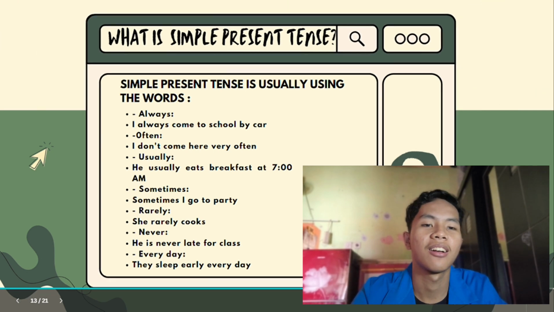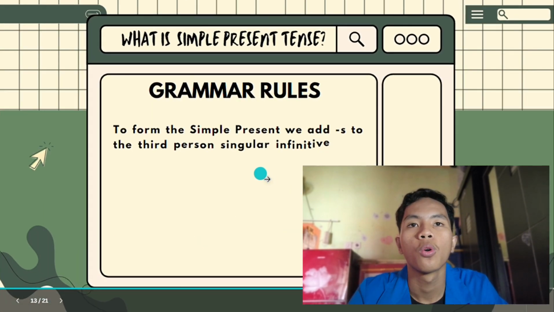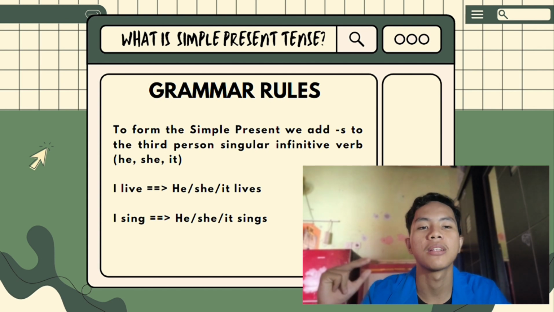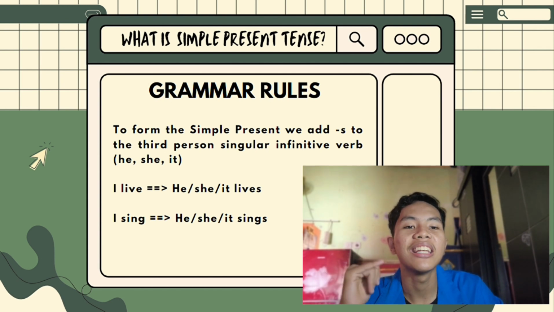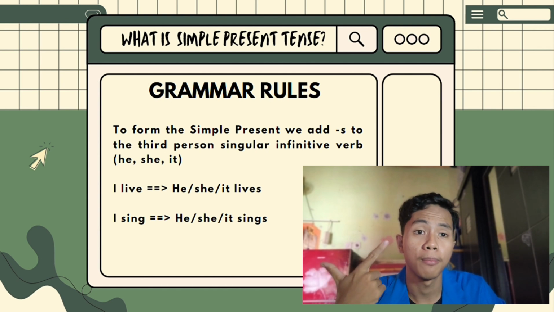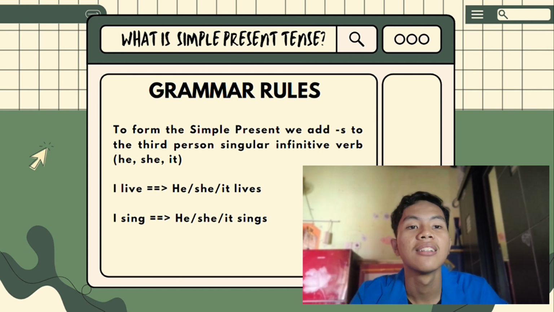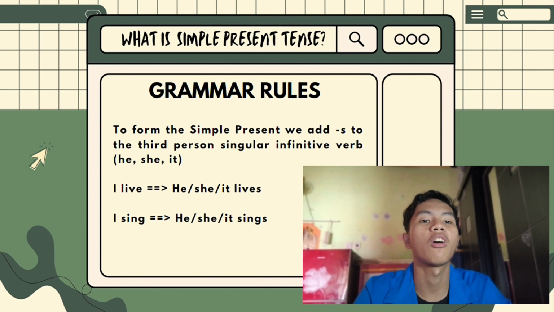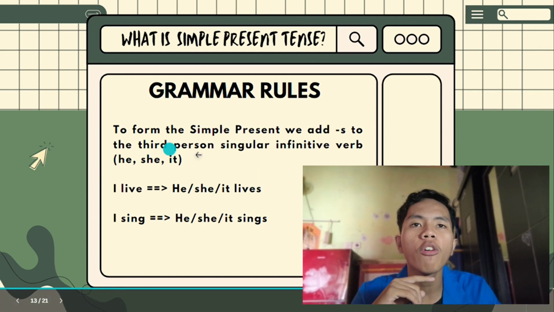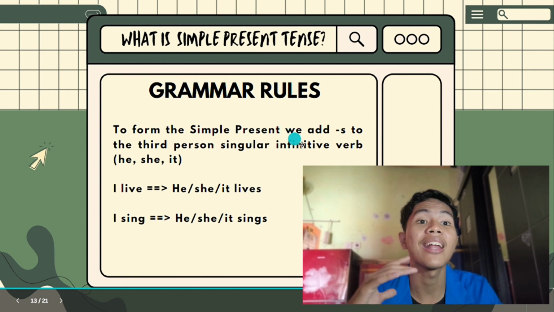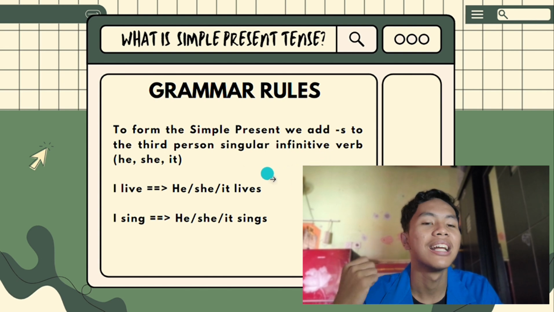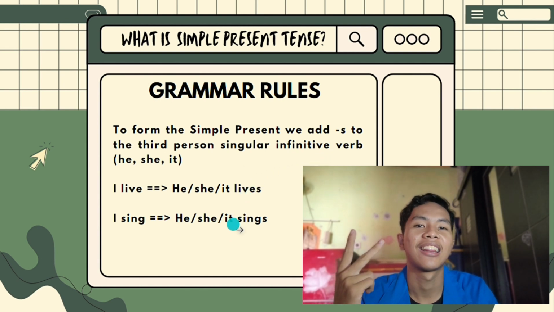So next, grammar rules. From the beginning I will explain the use of s, is, and so on when we find words related to the third person singular. Grammar rule 1. To form the simple present, we add s to the verb for the third person singular: he, she, and it.